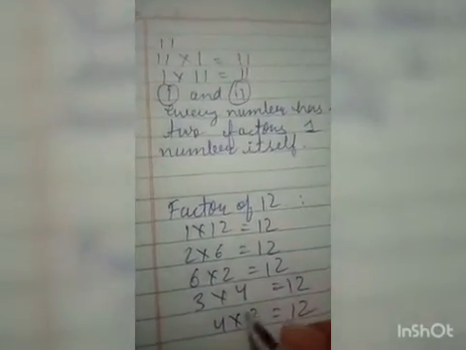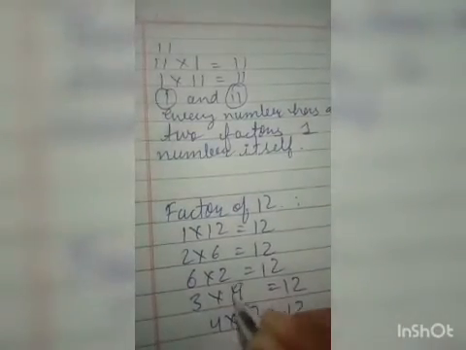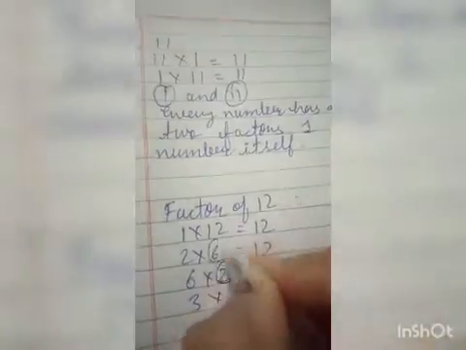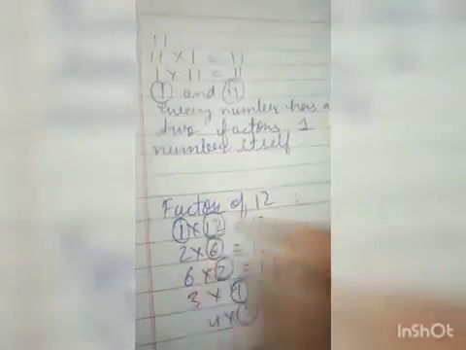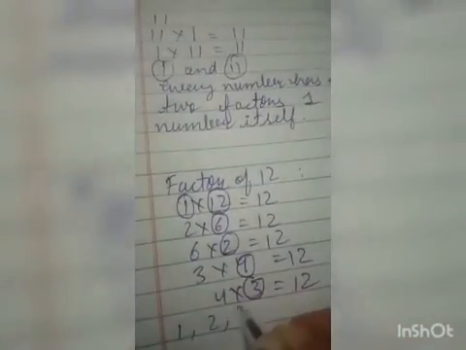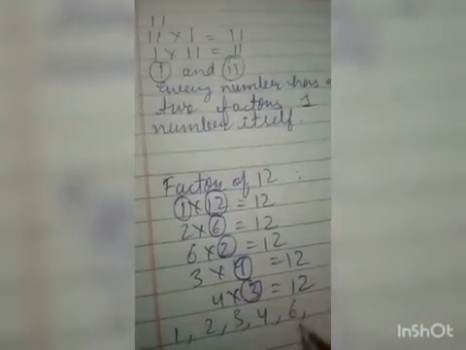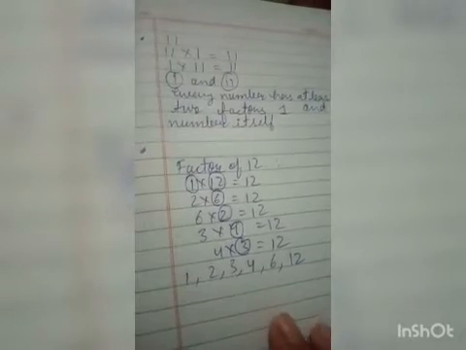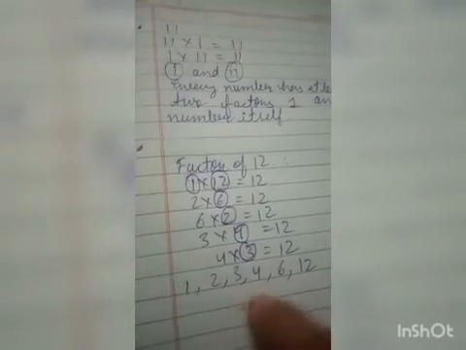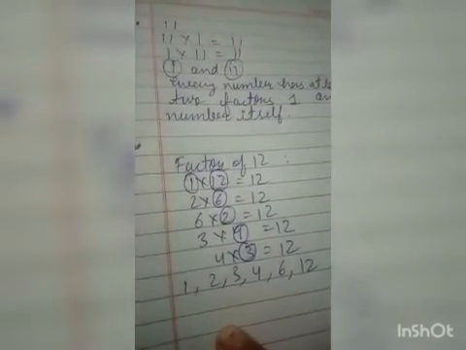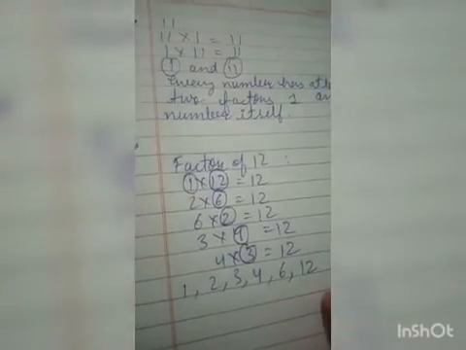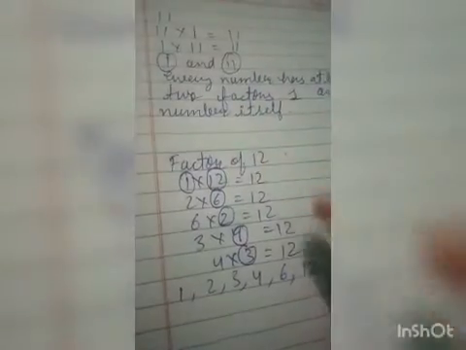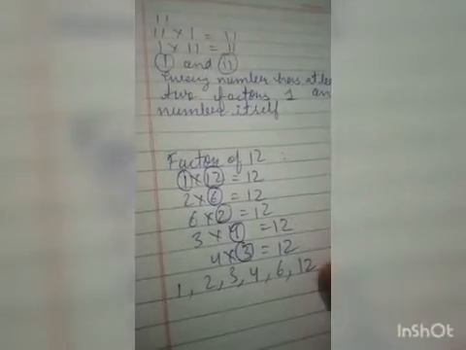So the factors are 1, 2, 3, 4, 6 and 12.